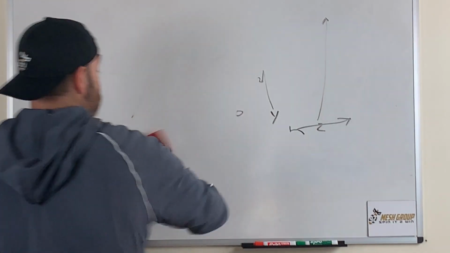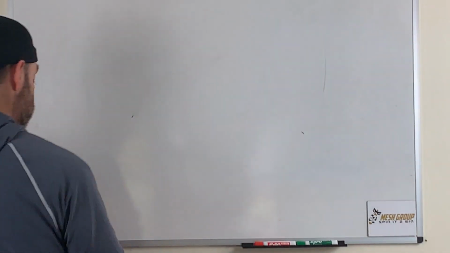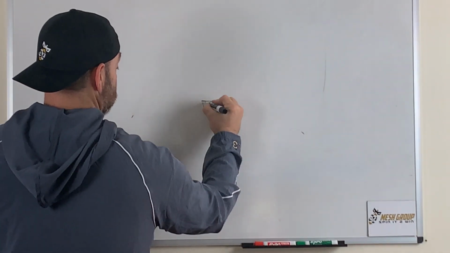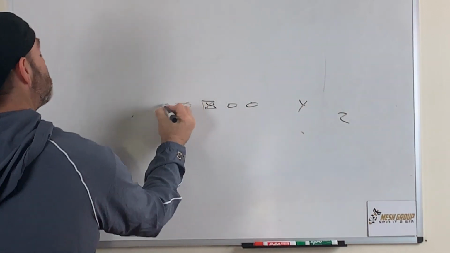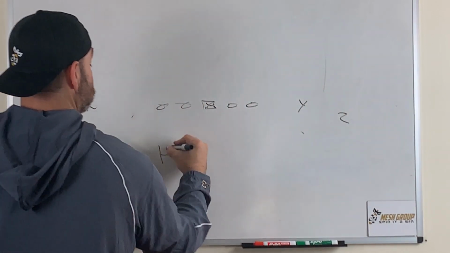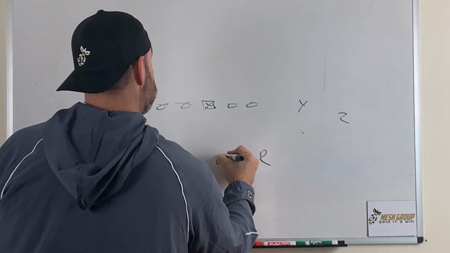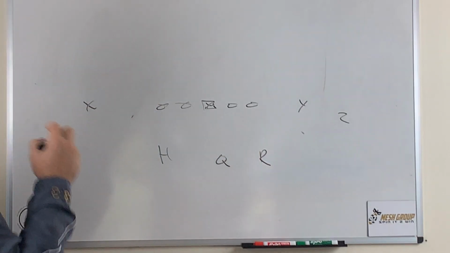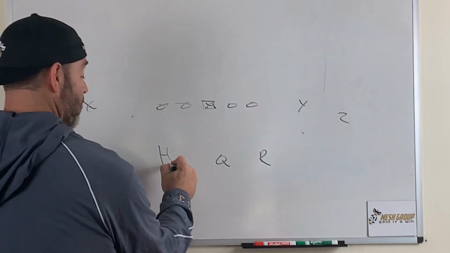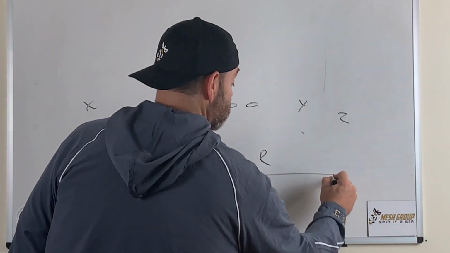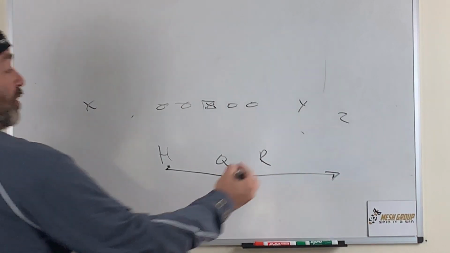What are some other ways that you can do things? Well, let's look at it in blue, for instance. Get in some two-back. If you get in blue, H is going to come back here, R is going to go here, and say you want to, I don't know, let's take him and fast motion him out this way. Okay, and run mesh.